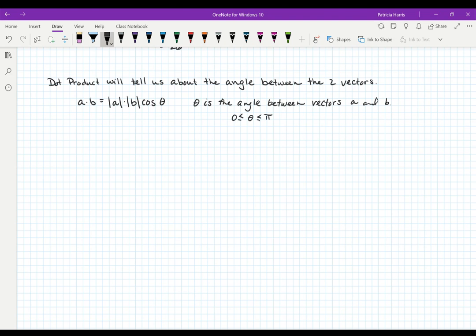Knowing what theta is and knowing what the dot product is can tell us how large theta will be.